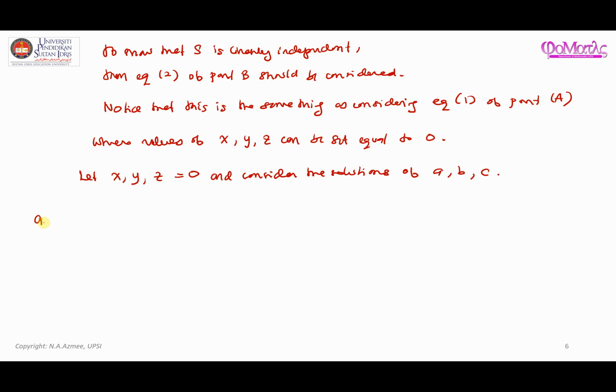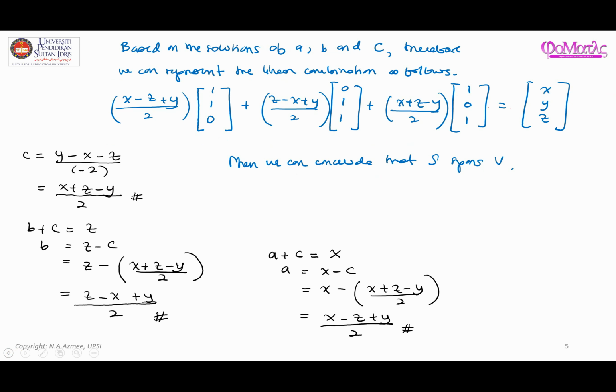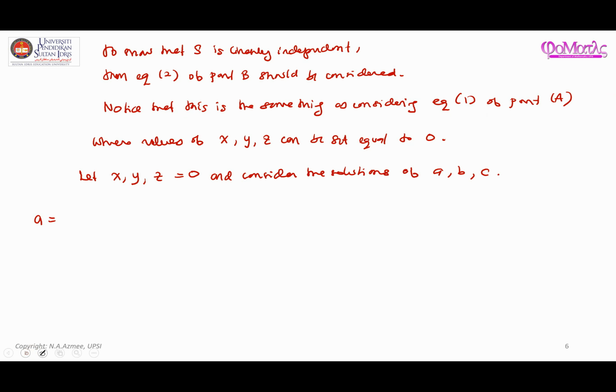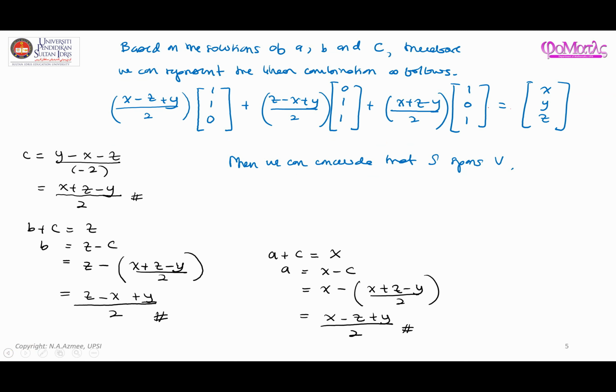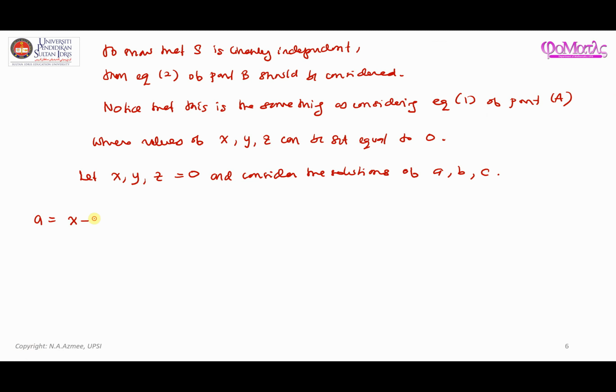So what is A? A is this guy here, x minus z plus y over 2. And since we're going to let x, y, z equal to 0, A is equal to 0.